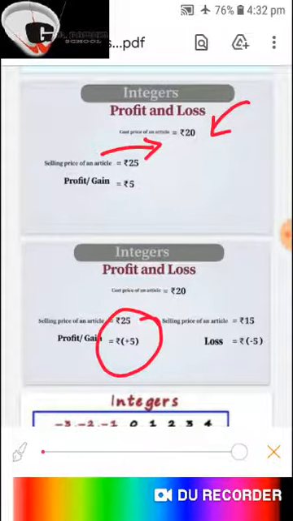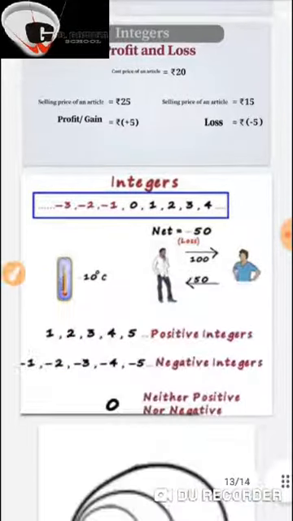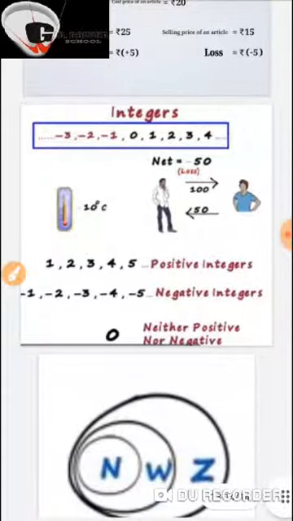And suppose he sells it at a loss of 5 rupees, that is, he sells it for rupees 15. So the loss of 5 rupees can be represented by negative numbers. So these are some examples which we represent in our daily life, where we include the numbers with positive and negative signs. So what are integers then?